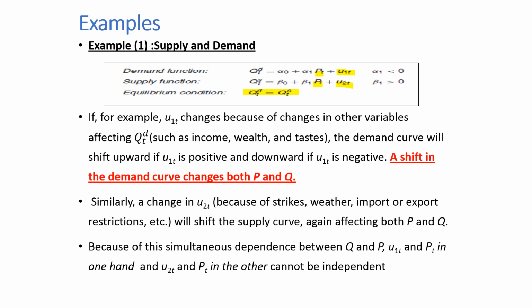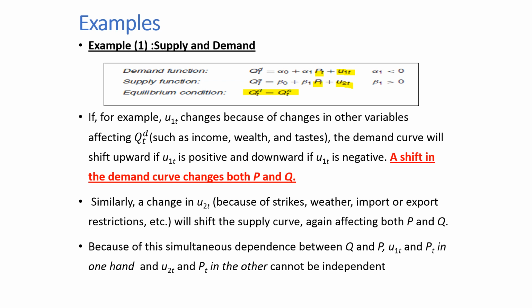So if the quantity supplied changes for any reason except the price, again due to the equilibrium condition, this shift in the quantity supplied will cause a shift in both the quantity demanded and the price.